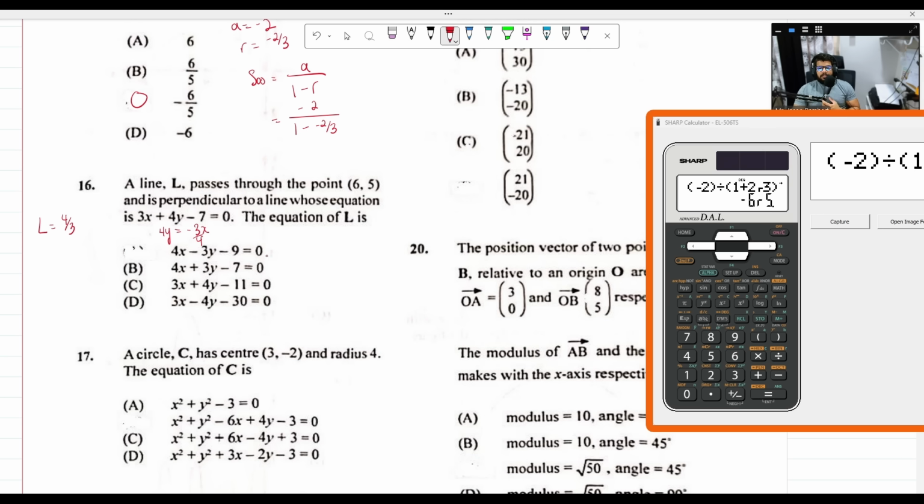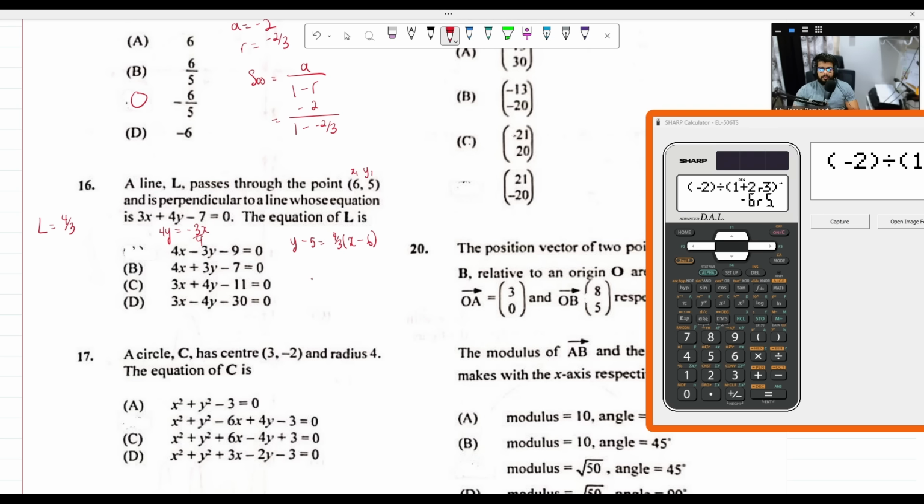But that might be a little bit too much. So what we could do, let me just go ahead and calculate the equation. y minus y1 is m into x minus x1. I'm multiplying everything by 3.